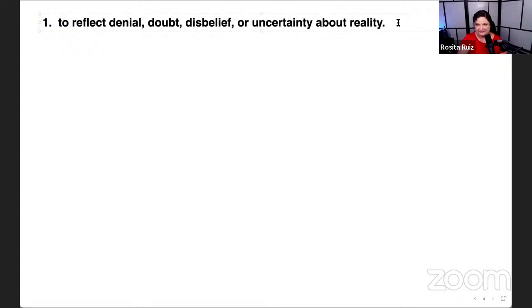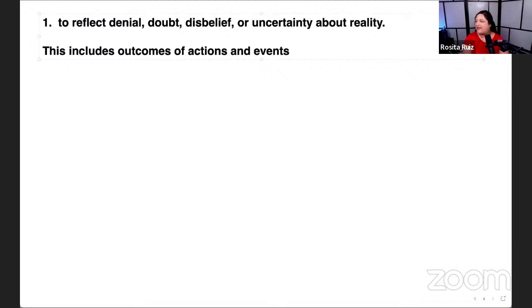Okay. So the first use of the subjunctive is to reflect denial, doubt, disbelief, or uncertainty about reality. Also, I'm going to add to that. This includes outcomes of actions and events of a different subject.